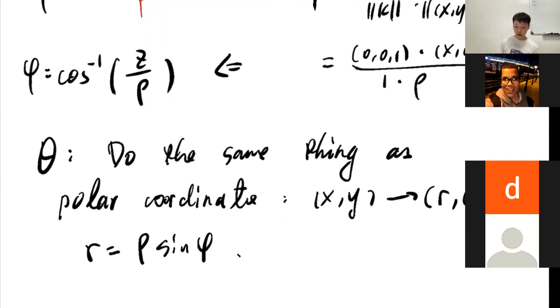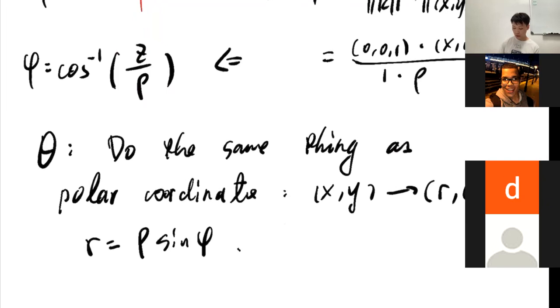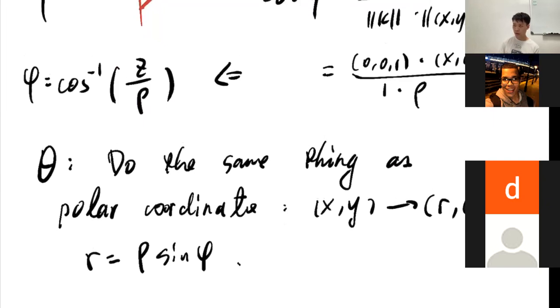So after you find the phi, you put it into the sine, and then you're done. Well, you have to put the absolute value because the sine phi can be negative. I don't think, well, hold on. I don't think the phi can be negative because phi is between 0 and pi, and on that interval, the sine value is always positive. So, yeah.